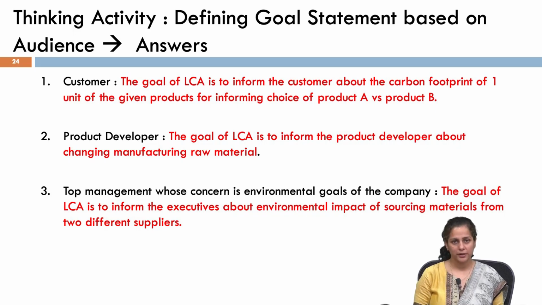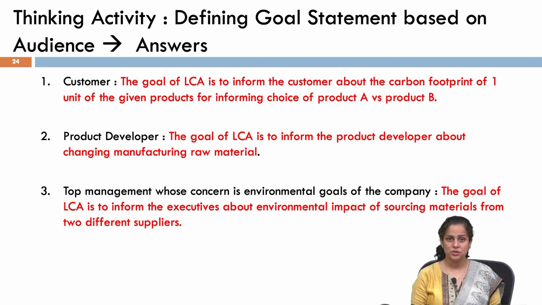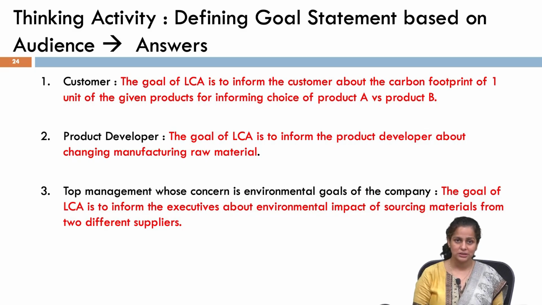So, if the supplier is, let us say, from country A, providing the material through rail transport, versus country B, providing the material through ship transport, what is important is that in your LCA you would be including the supply chain effects as well. So, as you develop the goal statement, that determines what kind of models you are going to include, or what kind of system boundary you will be including in your subsequent modeling steps.